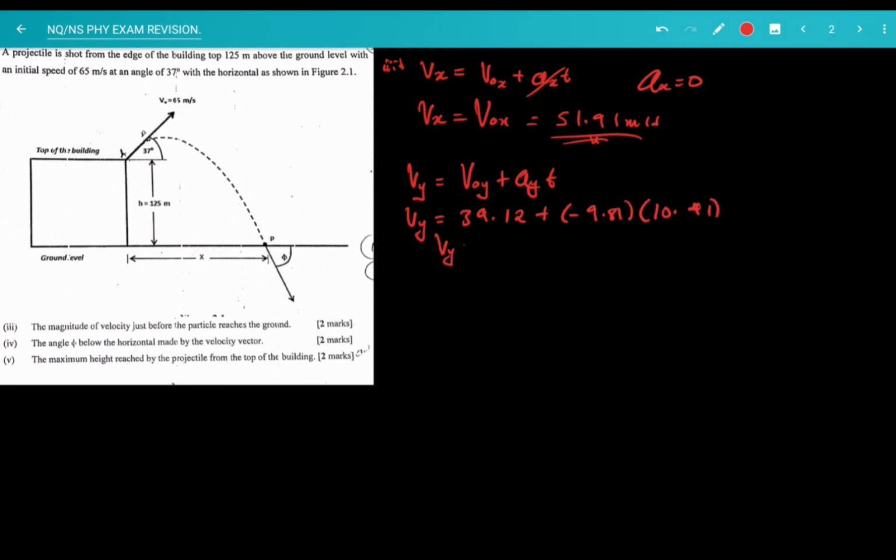Computing this, we get the velocity in the y to be minus 63.0021. Basically, that will give us minus 63.00 meters per second.